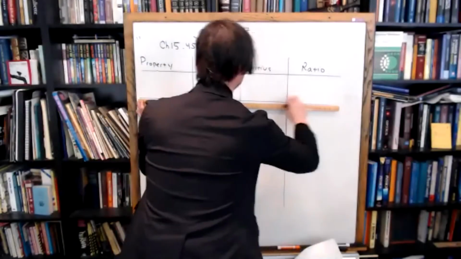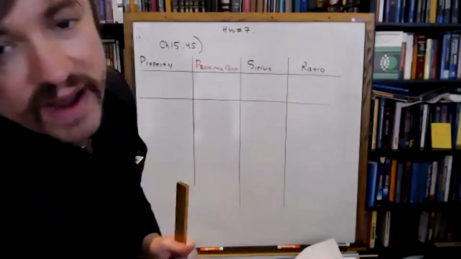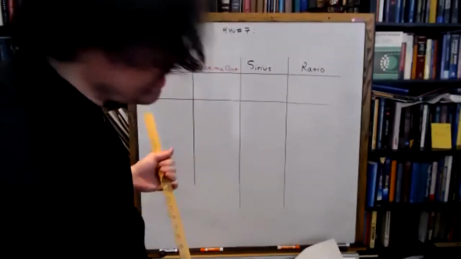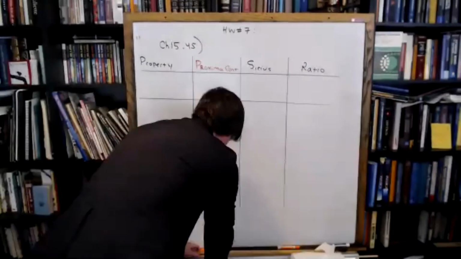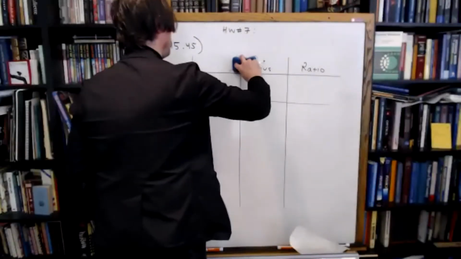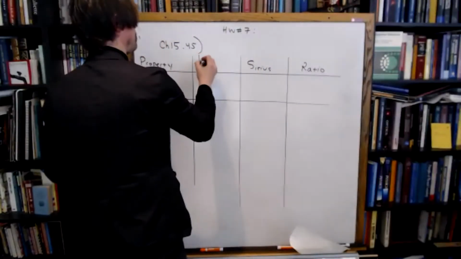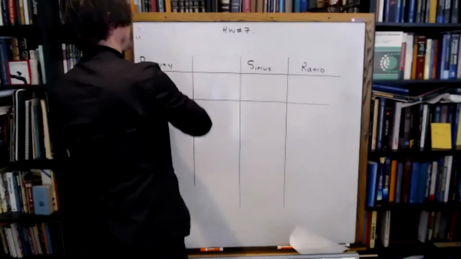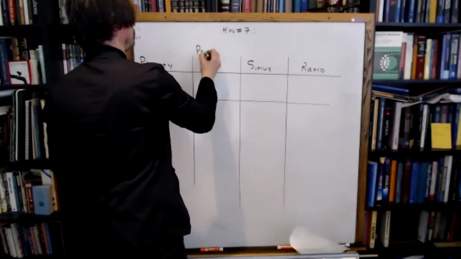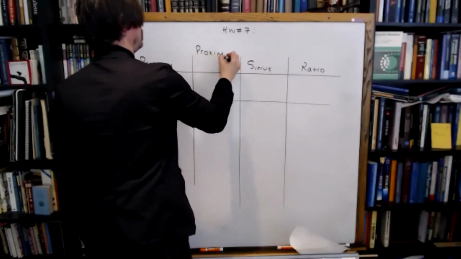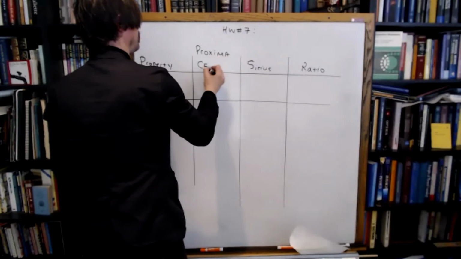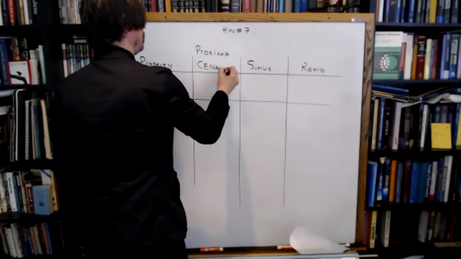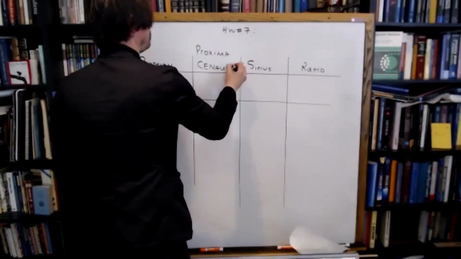What does the one in red say? Proxima Centauri. Yeah, let me write that better. That's no good. Is that better, Morgan?